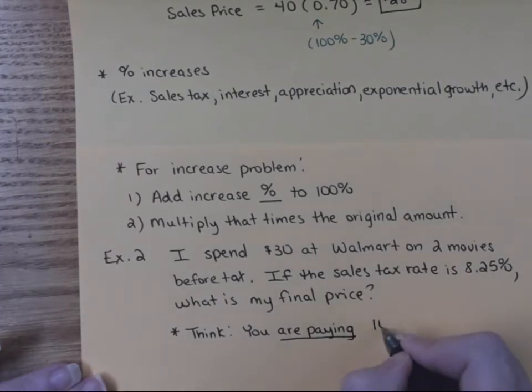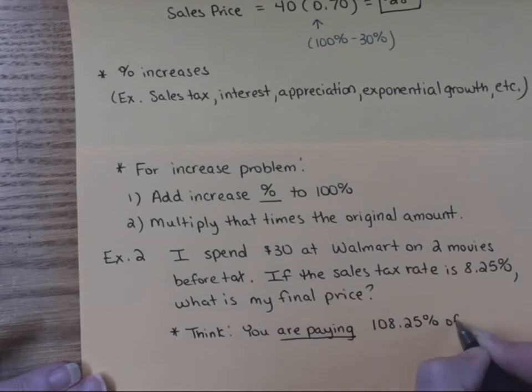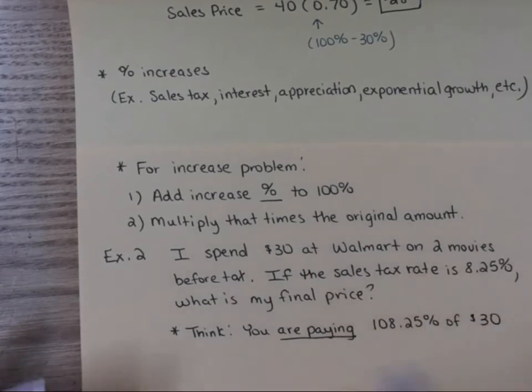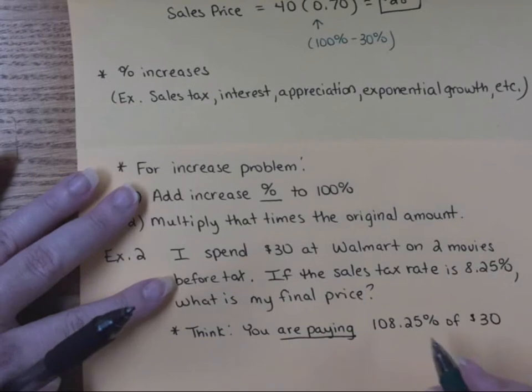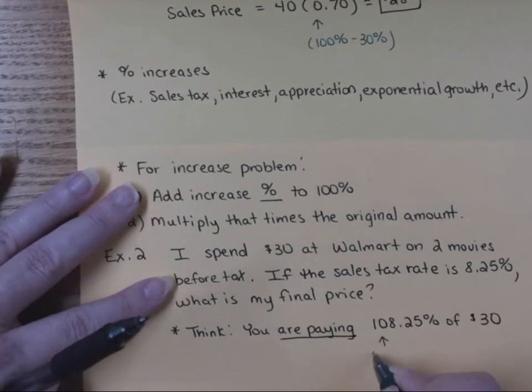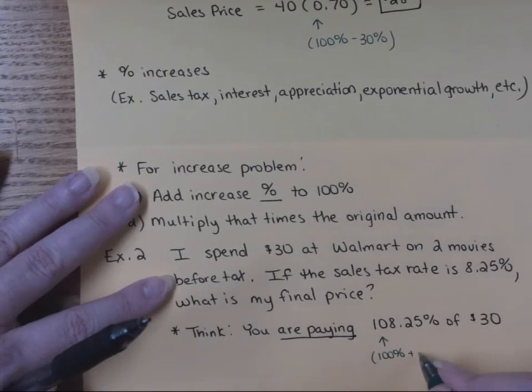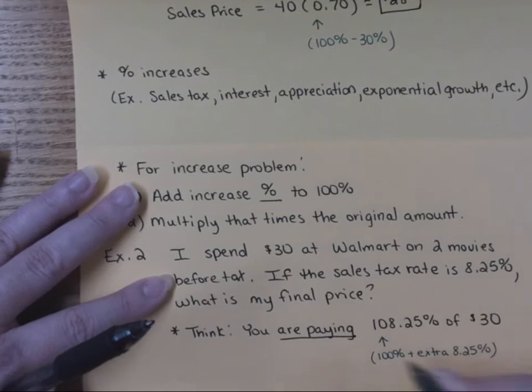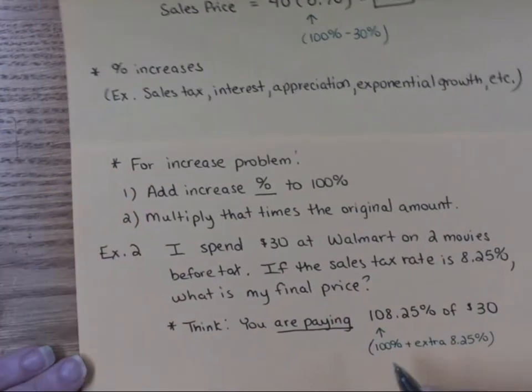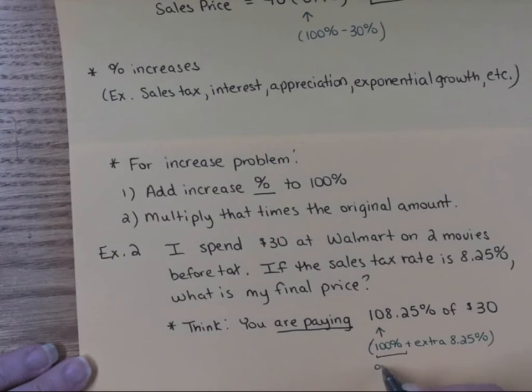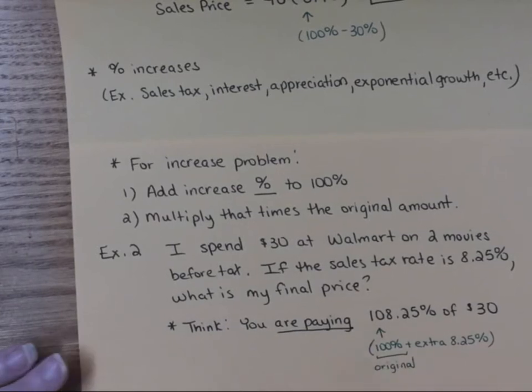So you are paying 108.25% of the $30 price tag. That might be a little foreign to you, but this just means we're doing 100% plus an extra 8.25%. So don't let it throw you off that it's over 100. It's over 100 because it's an increase. This is the original, right, and then we have an extra being added.